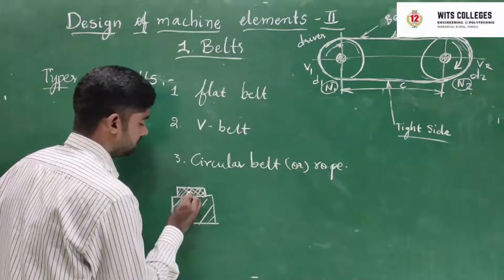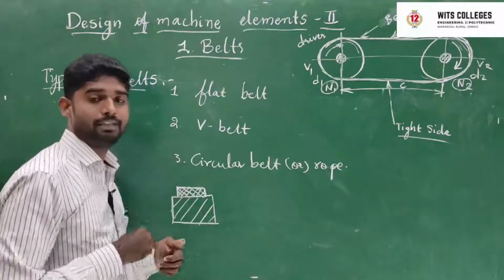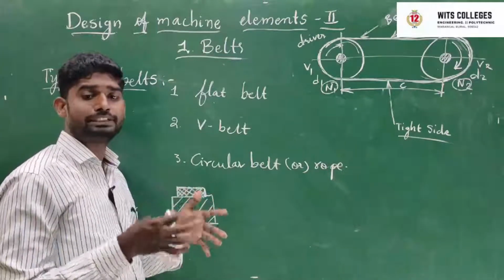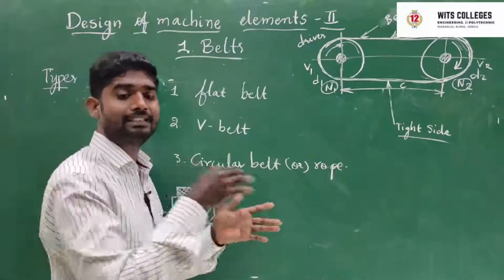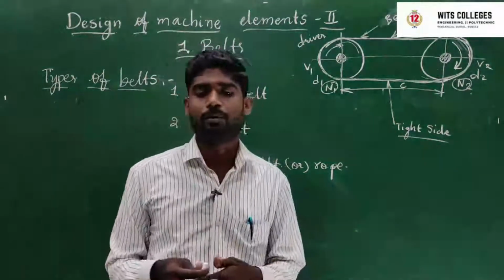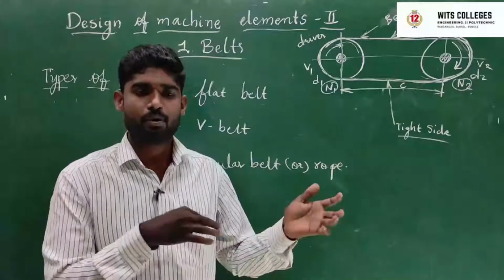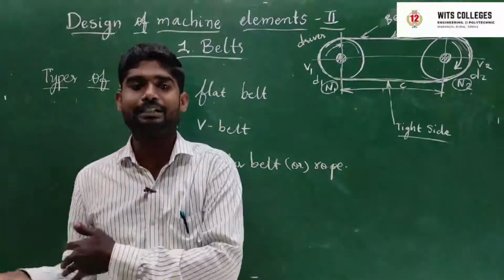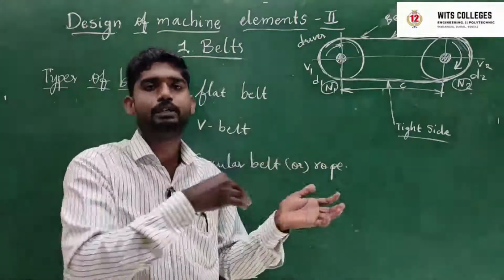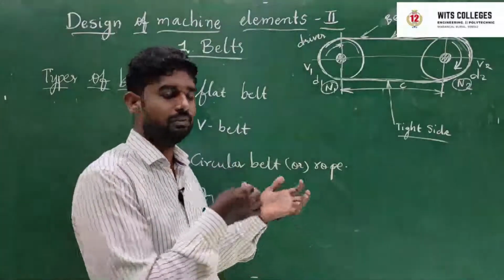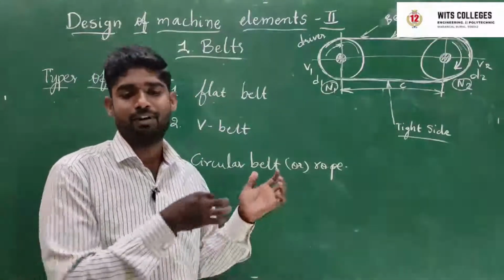This is called a flat belt. The flat belt is mostly used in factories and workshops where a moderate amount of power is to be transmitted from one pulley to another pulley. In this application we use a flat belt.